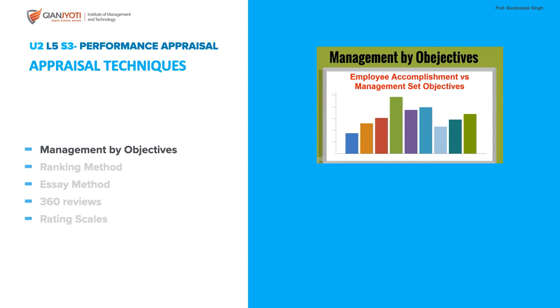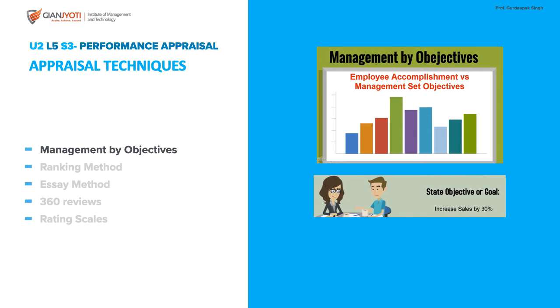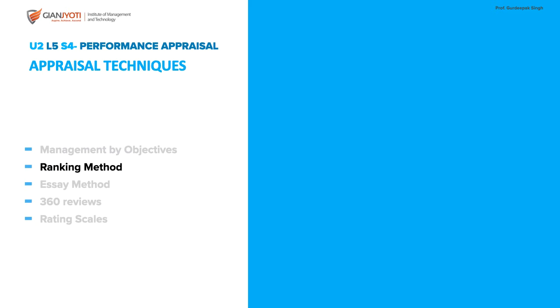But generally it is a continuous process. For example, you can set an objective which is quantitative: increase sales by 30%. So that is when we say management by objectives, that is the appraisal technique.